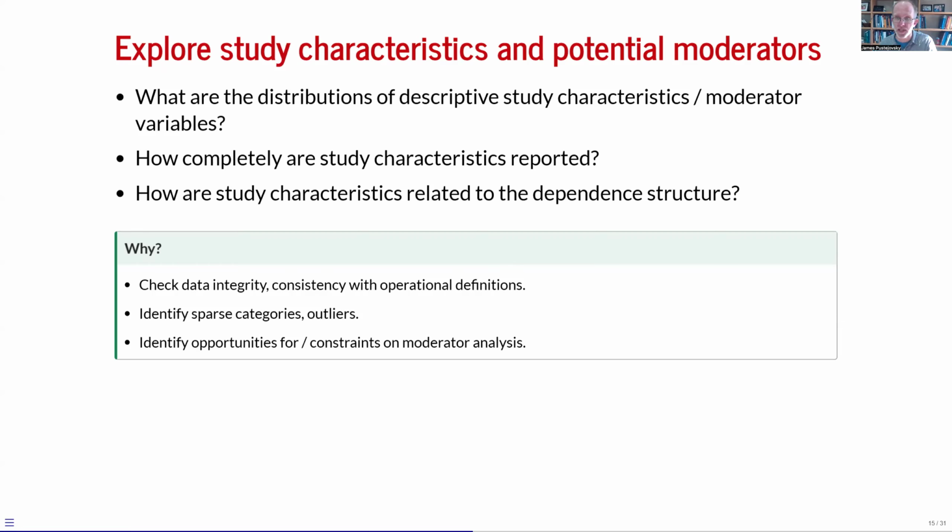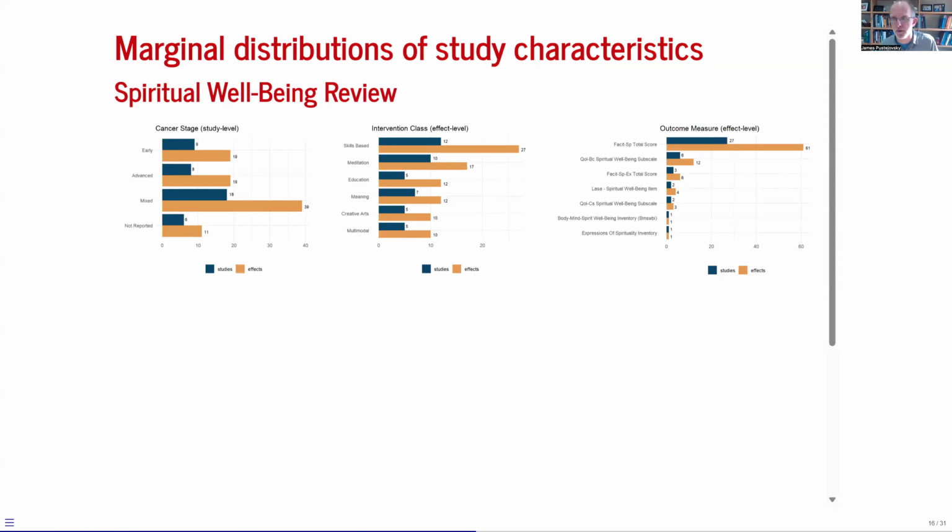So looking for sparse categories and then thinking about what to do about them is a useful exercise at this stage. And then thinking about the dependence structure specifically is useful for identifying how you'll go about doing moderator analysis. If there's within study variation in the moderator, that suggests certain opportunities for analysis that might not be available otherwise. So I'll give you a couple of illustrations here.